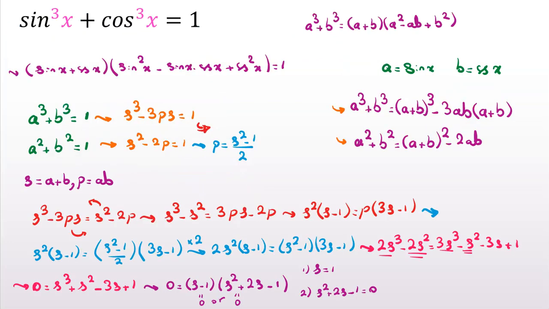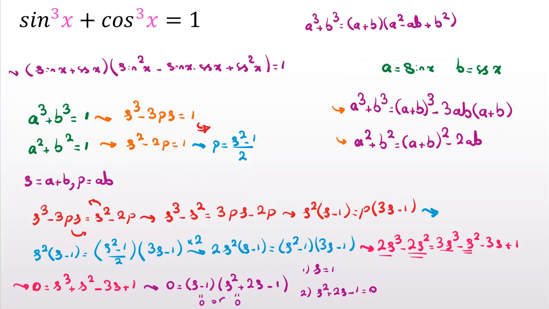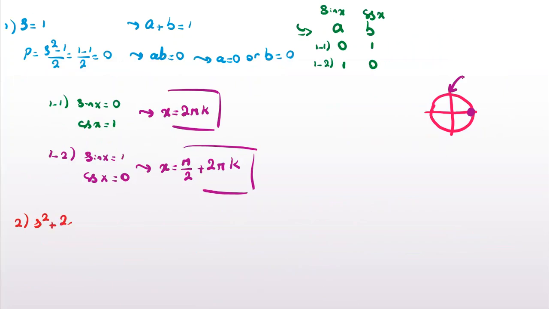Now let's check the last case. The last case is what? s squared plus 2s minus 1 equal to 0. For solving this part, we want to use the quadratic formula.